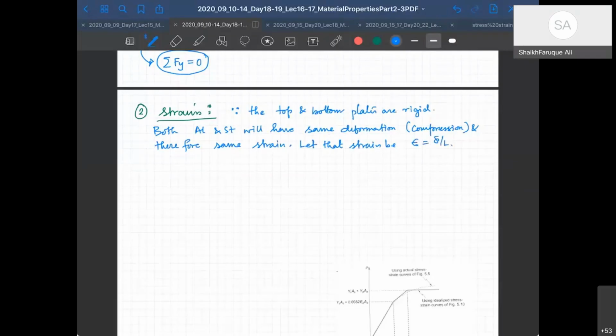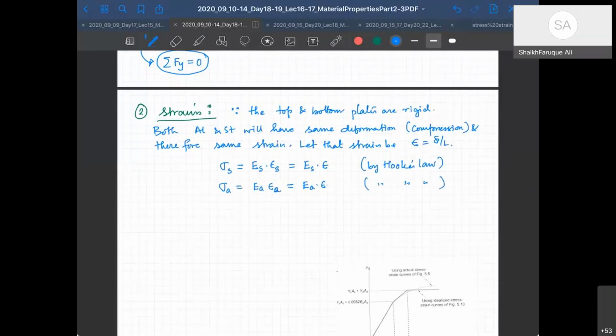Okay, so now I can write my stress sigma s is equal to Es into epsilon by Hooke's law. Similarly, I can write sigma a is equal to Ea into epsilon, again by Hooke's law.